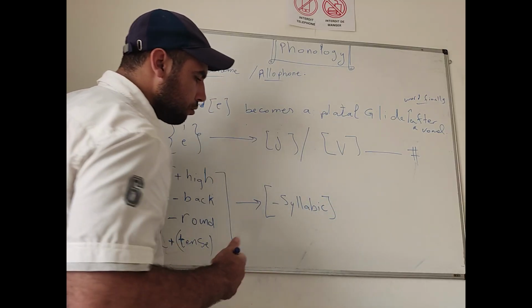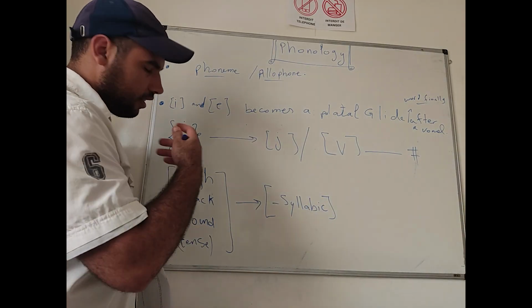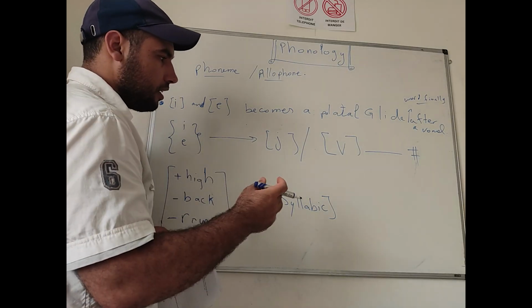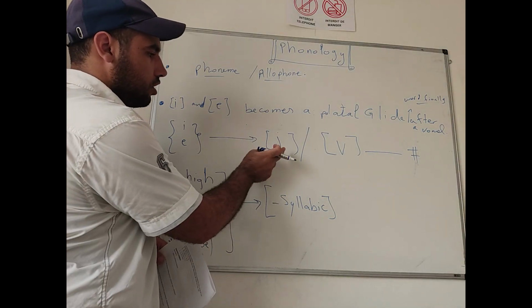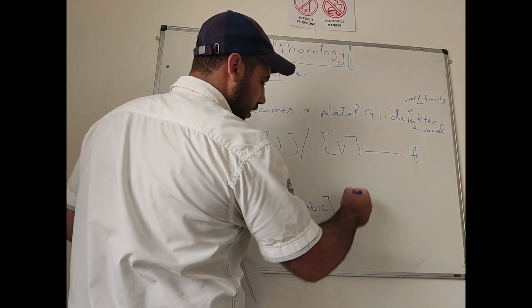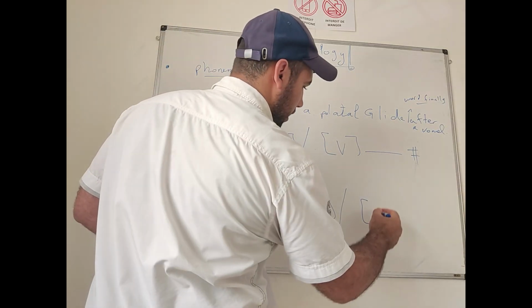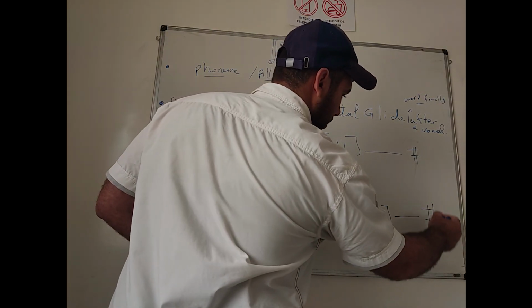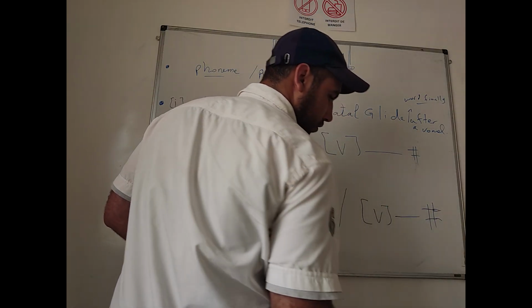They are going to lose the feature of a pure vowel, becoming a semi-vowel or semi-consonant, which is the palatal sound, as usual, preceded by a vowel and word finally.